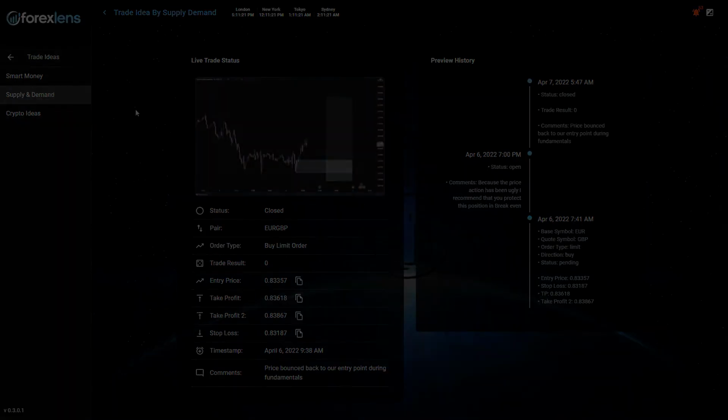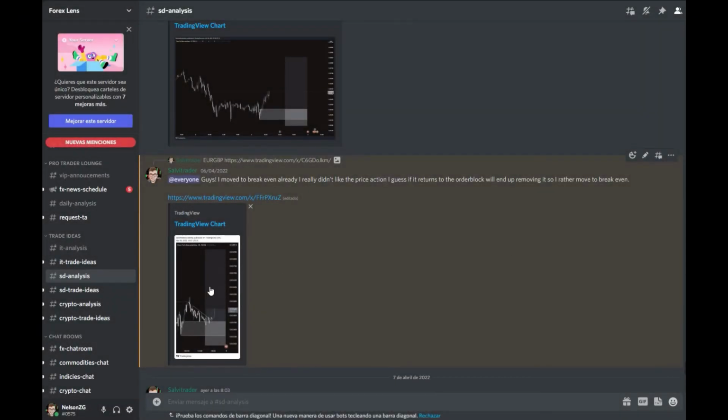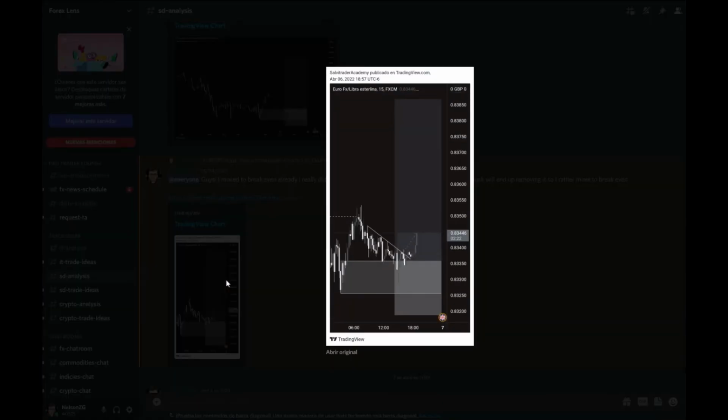When we had this reaction, I sent the buy limit signal, and the price action honestly was not looking good. I just didn't like it, so I waited for the price to react to my level.